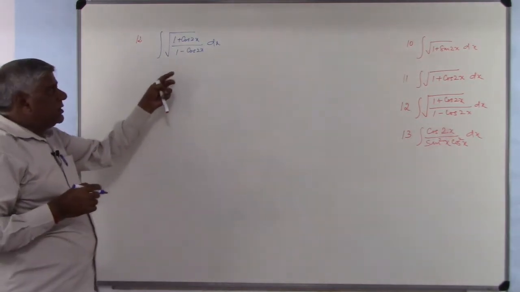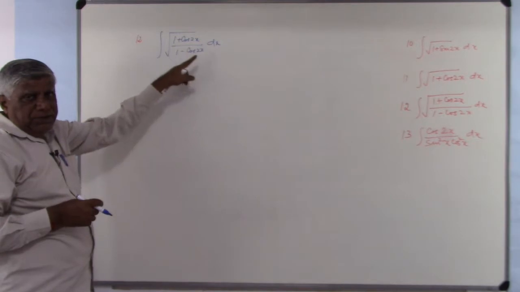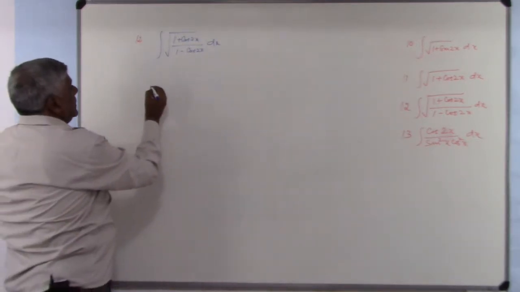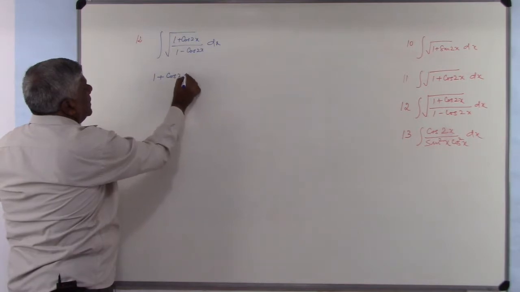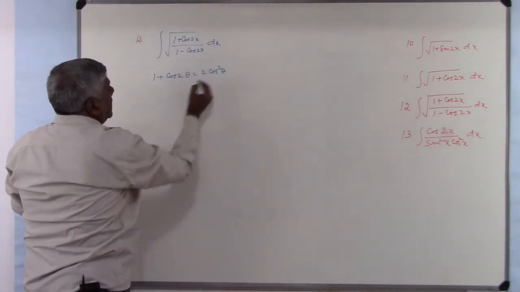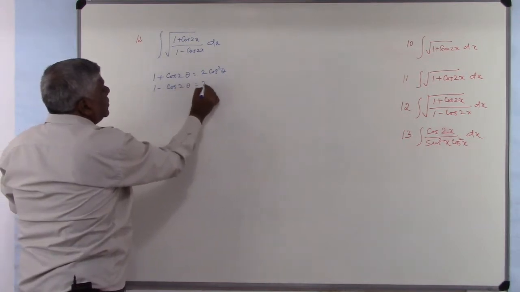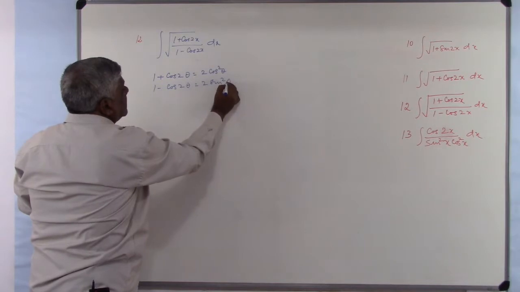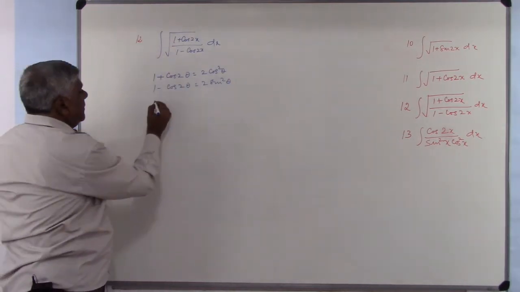This is another important problem. You please bear it in mind. This problem is very important. See, we know that already 1 plus cos 2 theta is equal to 2 cos square theta. I told you, na? 1 minus cos 2 theta is 2 sin square theta here.